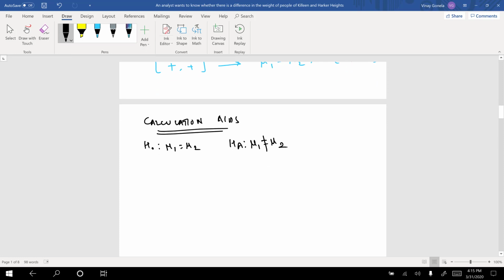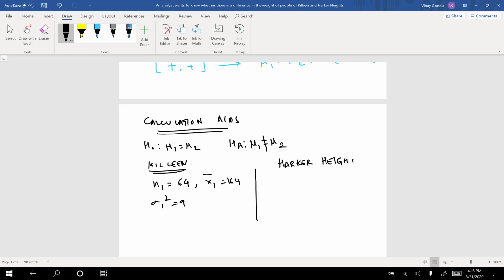And then for Killeen, our data set says n1 is equal to 64, x1 bar is 164, sigma 1 square is 9, and then for Harker Heights n2 is equal to 50, x2 bar is equal to 166, sigma 2 square is 16, 95% confidence interval.